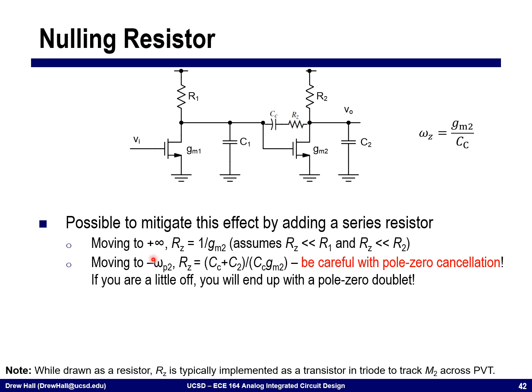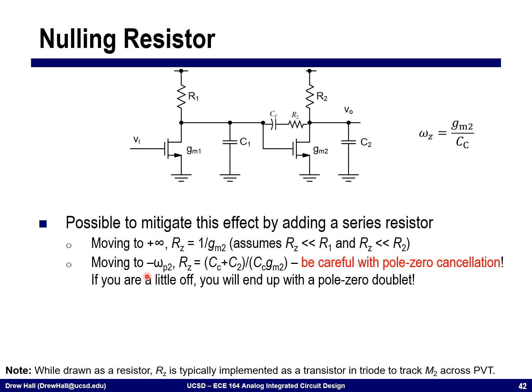Why would I want to do this? This would be what's called pole zero cancellation. If I get these two right on top of each other, then I effectively cancel out the effect of the pole. If you're thinking about which pole you would want to cancel, you would always cancel the lowest frequency pole, because that's the one that's going to affect your phase margin the most.